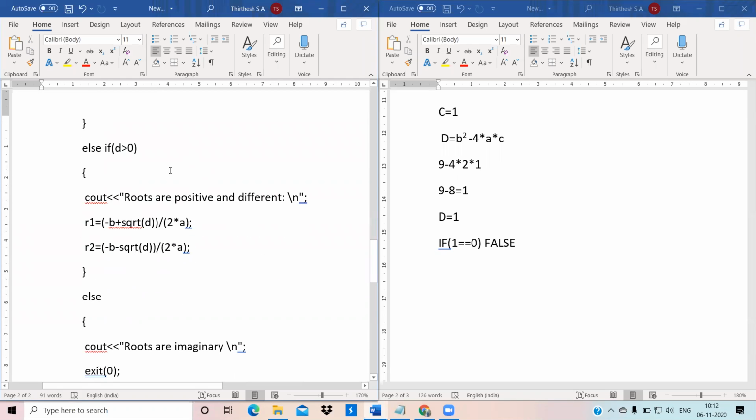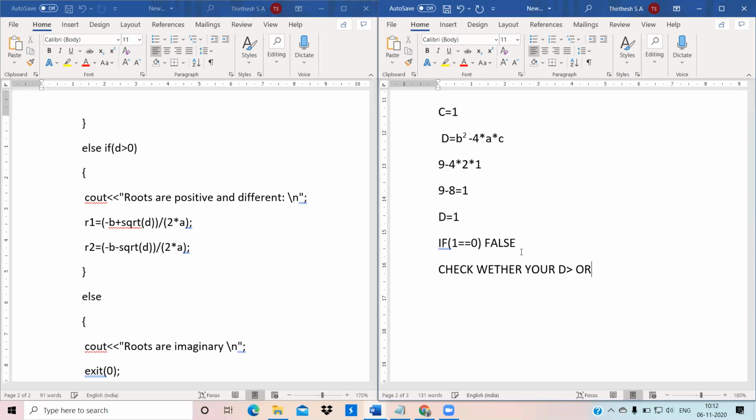Now you're going to check whether your D is greater than or less than 0. If D is greater than 0 or if D is less than 0.